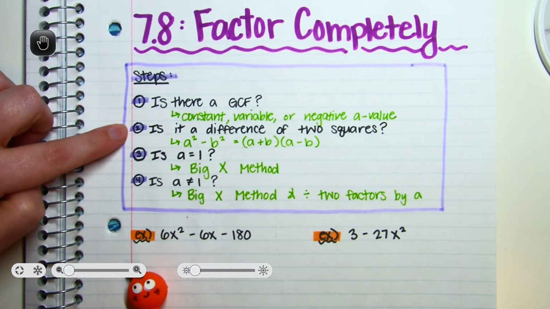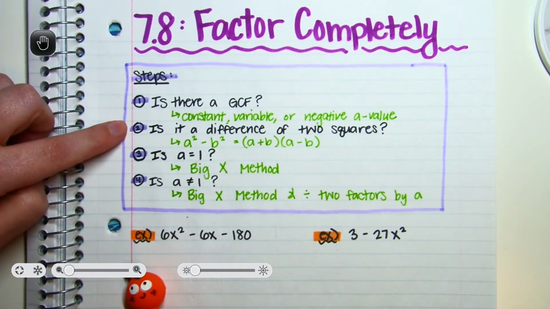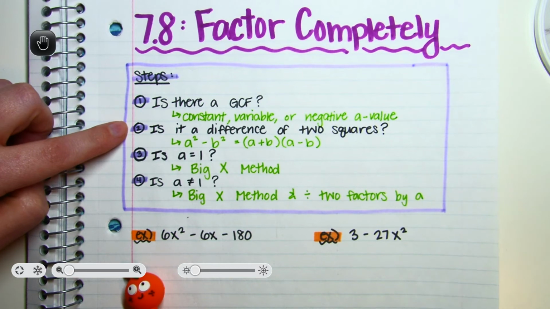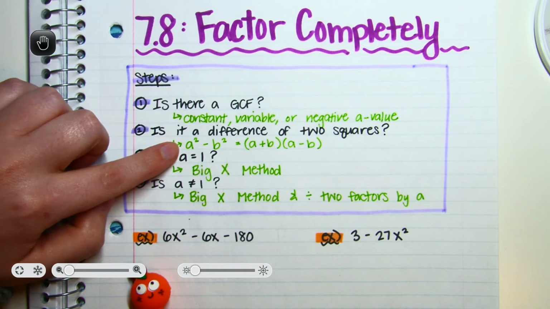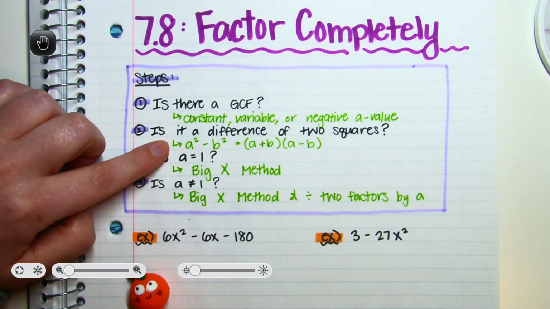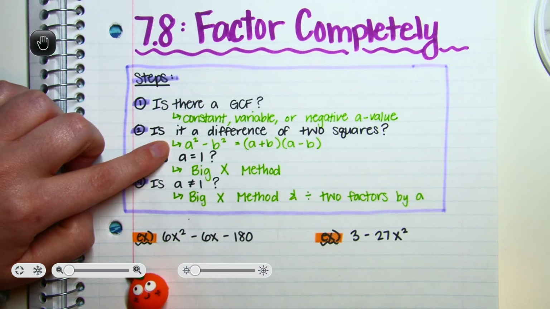Then you'll move on to step 2, which is asking, is it a difference of two squares? The reason I like to do this second is because the difference of squares is really easy to recognize by looking at it. It's only going to be two terms, and then you check if your first and second terms are perfect squares. So that's a really easy thing to check next.